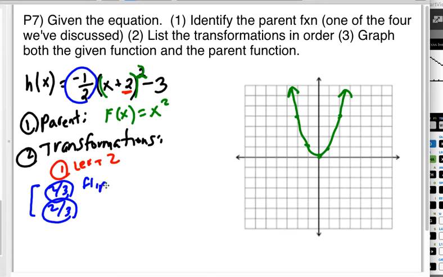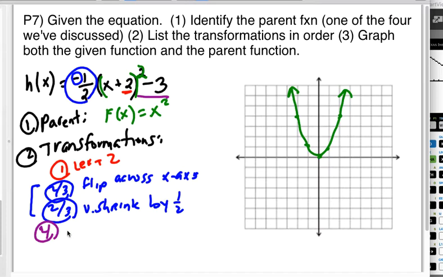So I could flip, like this negative is going to be flipping, right? So flip across the x-axis, right? And then the 1/2 outside of the function is going to be a vertical shrink by 1/2, right? And then the last thing that's going to happen is this -3 on the outside, so the last transformation is going to be down 3, okay?